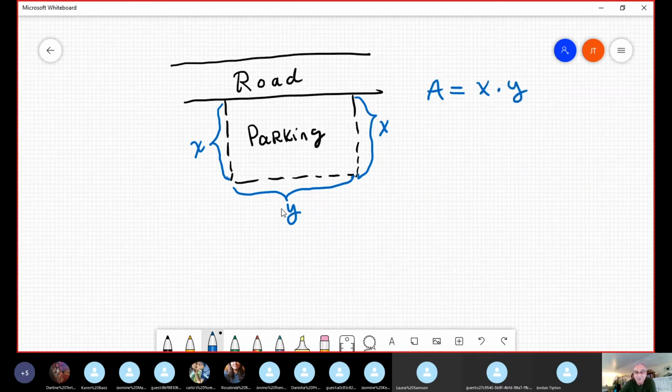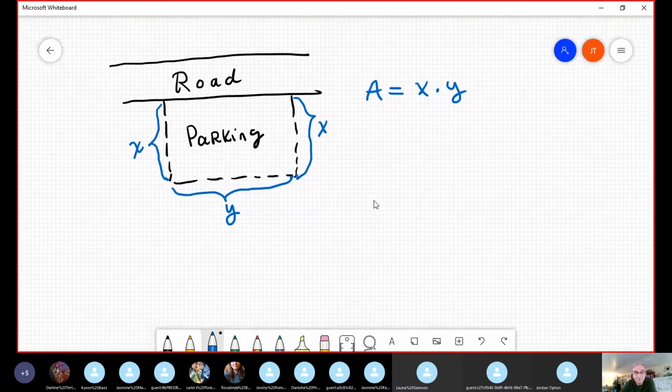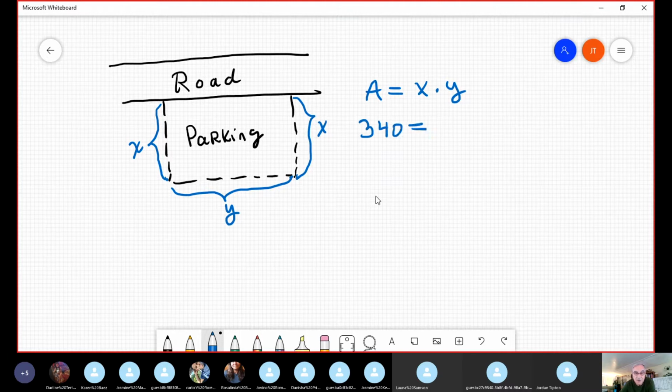It's basic geometry, right? Multiplication, length and width. And the perimeter, which is 340, is the fencing, 2x plus y, because we have two x sides, plus y is the total. We have it open here because the car can get inside on this side.